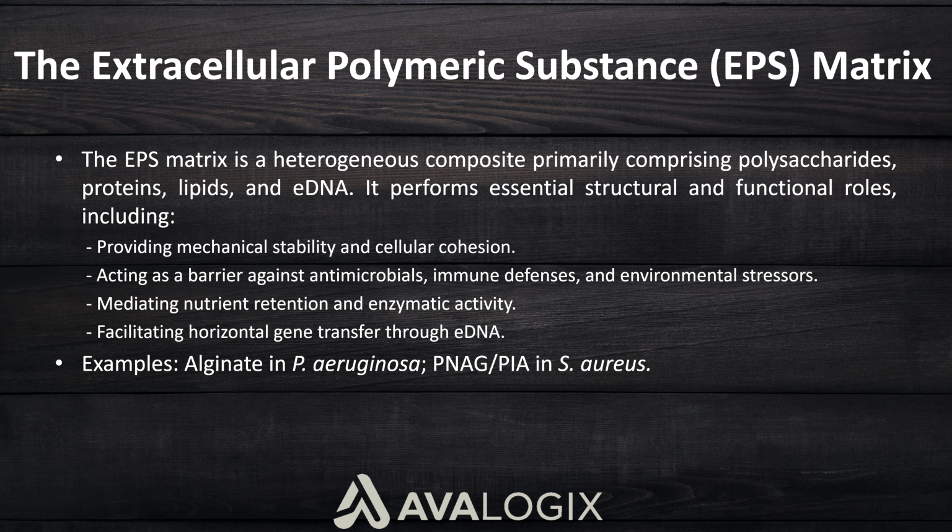For example, Pseudomonas aeruginosa makes alginate, while Staphylococcus aureus produces PNAG. These substances not only differ biochemically, but also affect how biofilms respond to host defenses and antibiotics. In essence, the matrix is more than a scaffold. It's a living interface between the biofilm and its environment. Understanding its composition and roles is key to disrupting biofilms therapeutically and industrially.